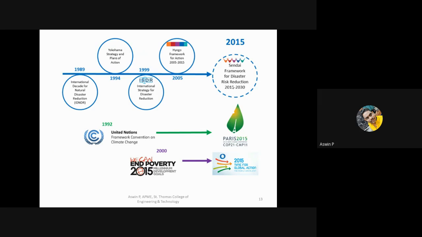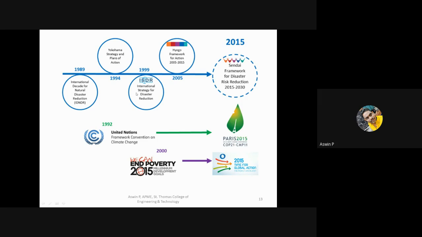And now we will discuss a small graph where different activities have been taken in the last 25 years for protection against disaster, or disaster risk reduction. That starts from 1989, the International Decade for Natural Disaster Reduction, the Yokohama Strategy Plan in 1994, the International Strategy for Disaster Reduction in 1999, the Hyogo Framework in 2005, and finally in 2015, the Sendai Framework for Disaster Risk Reduction.